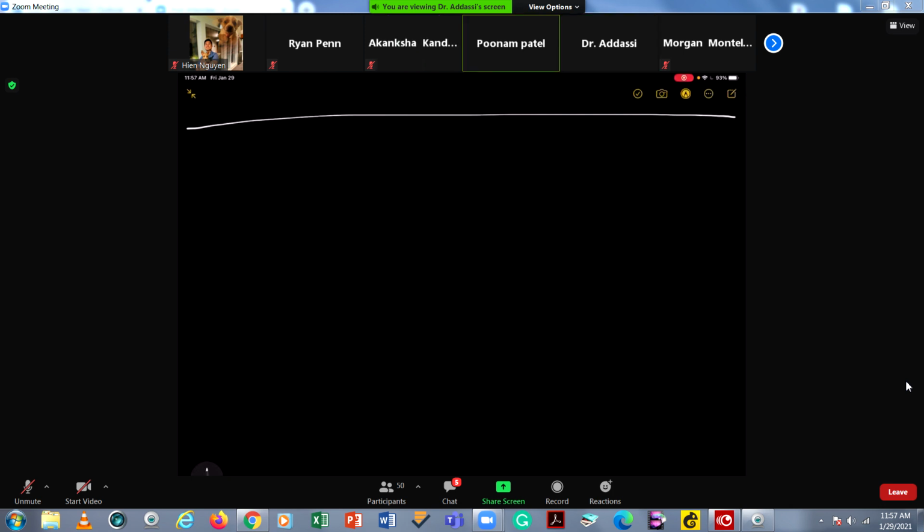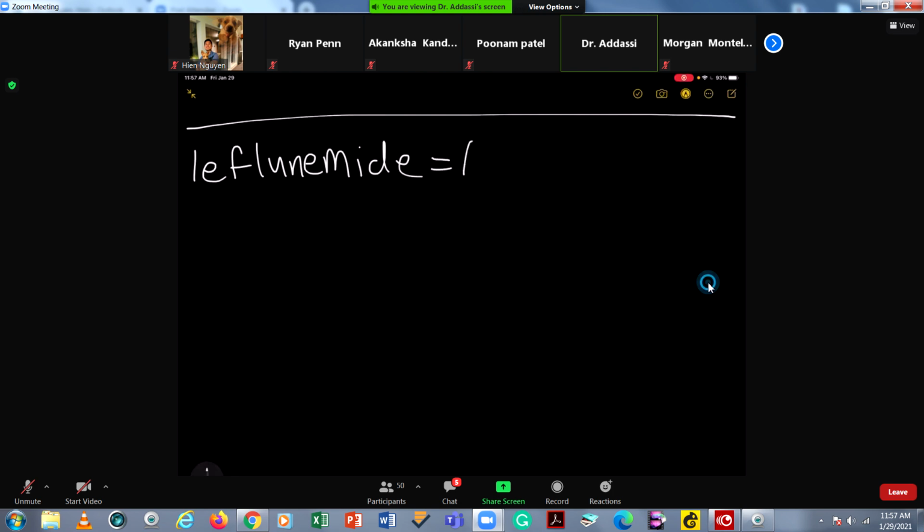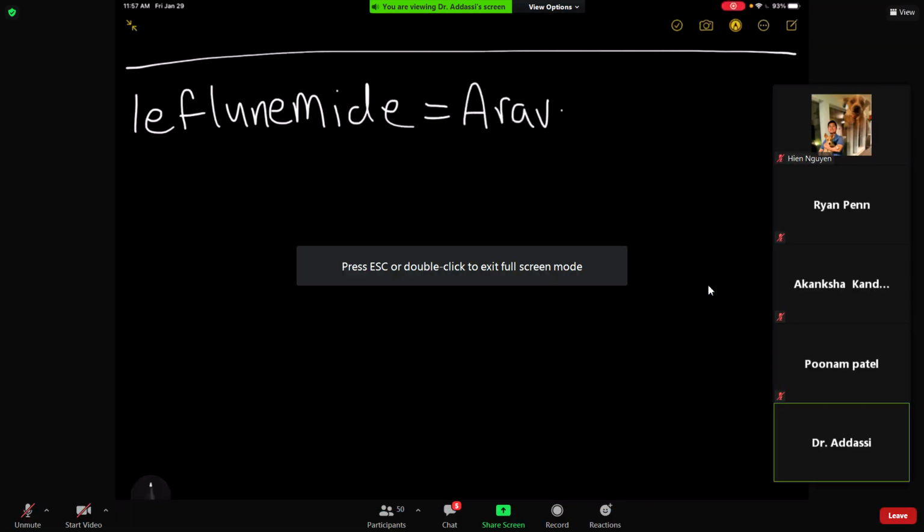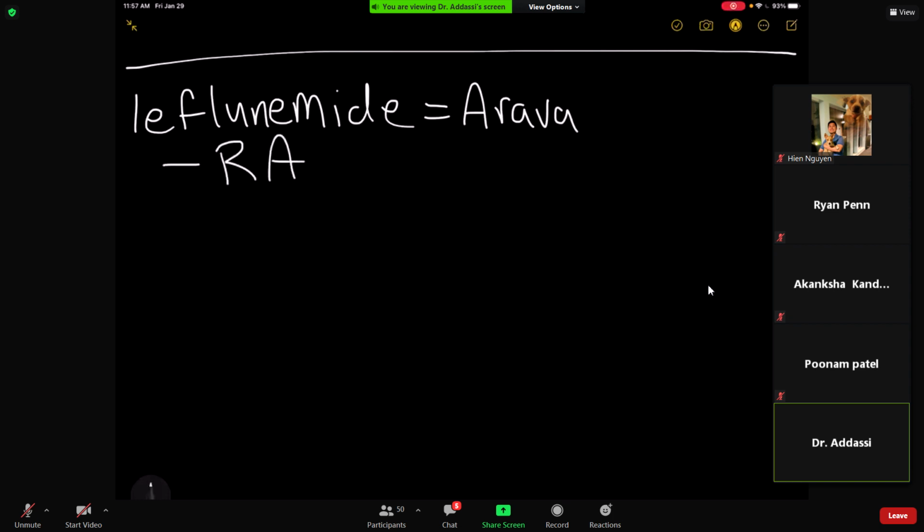Leflunomide? Right, leflunomide. Leflunomide, brand name is Arava. This is a rheumatoid arthritis medication.